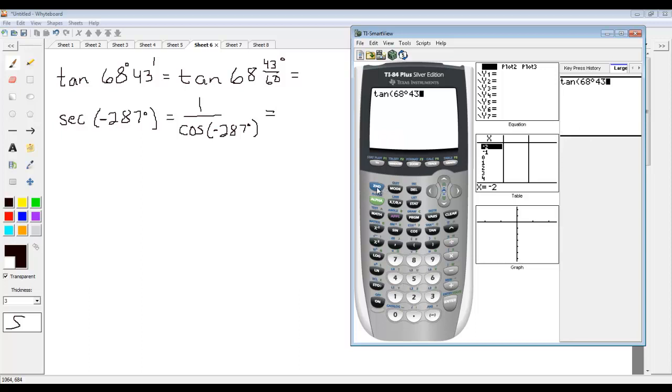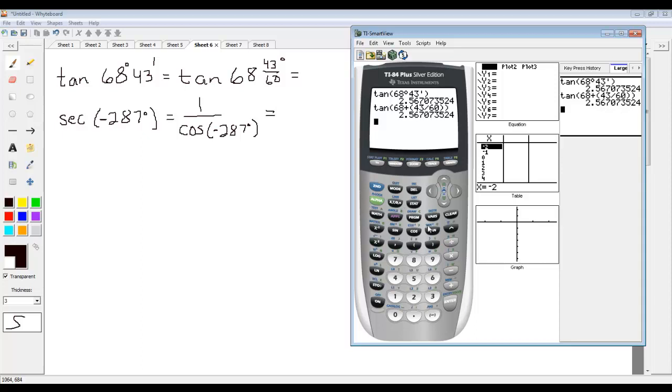The angle menu also has, for number 2 there, the minutes. Then you can hit enter, and it gives you that tangent. Or if you put in tangent of 68 plus the 43 divided by 60, we'll just take that as your degrees, and you should get the same thing.